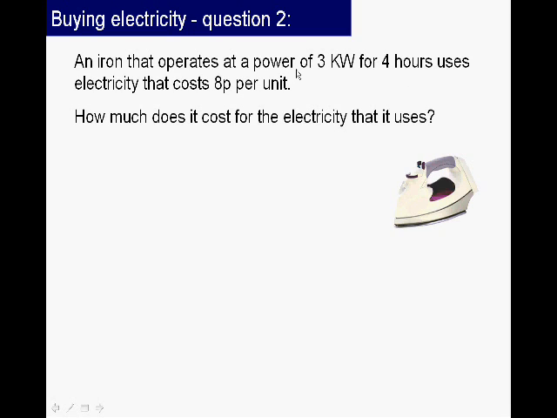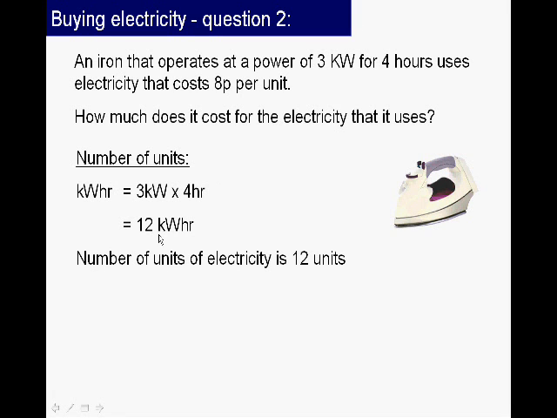So for this question, to calculate the number of units the iron has used, we times our 3 kilowatts, which is our power, times our 4 hours, which is our time, which gives us 12 units. If I show that on the screen, we can see this strange unit here. The answer is 12, but then next to it, it says kWhr.